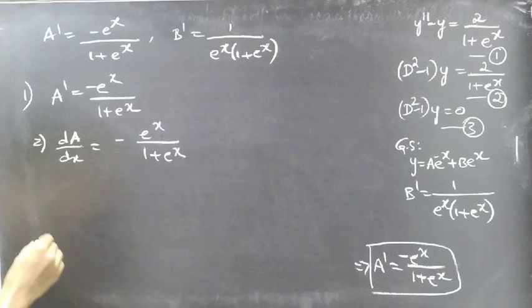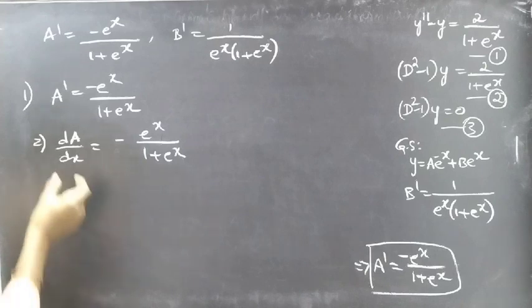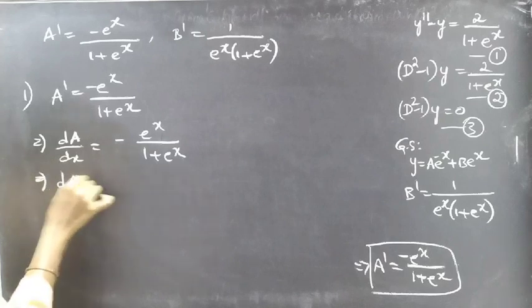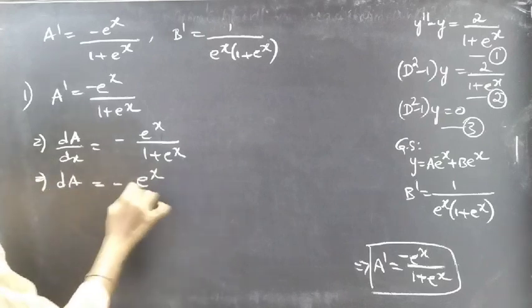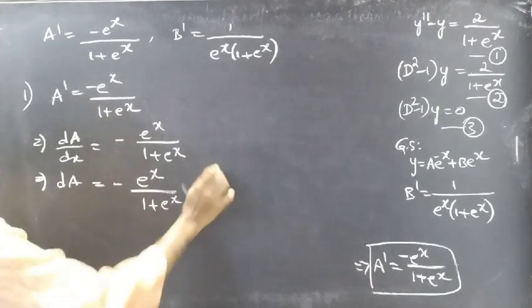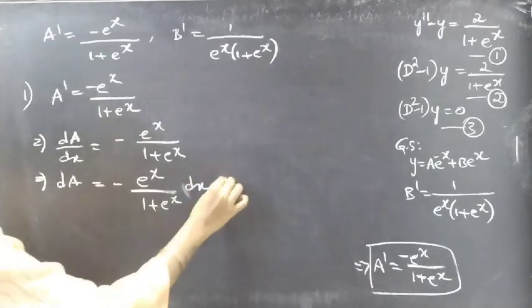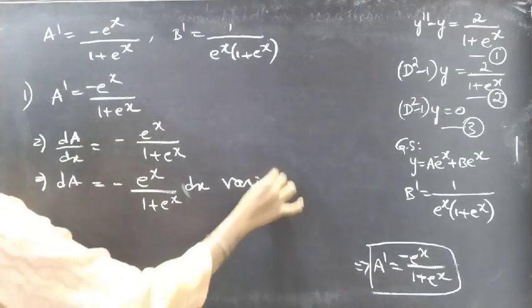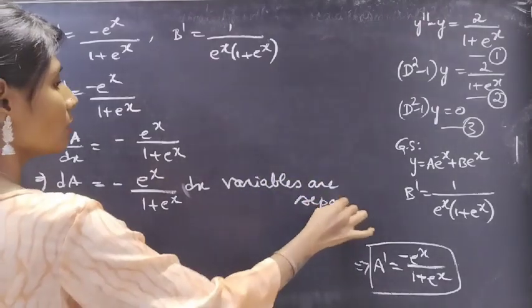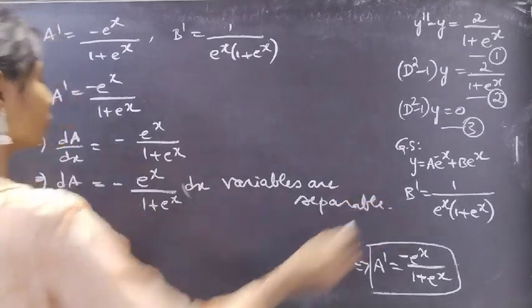Now we have to separate the variables. In order to separate the variables, I'll take the differential dx to the RHS, then I'll get dA = -e^x/(1+e^x) dx. Here the variables are separable, so we can perform integration.